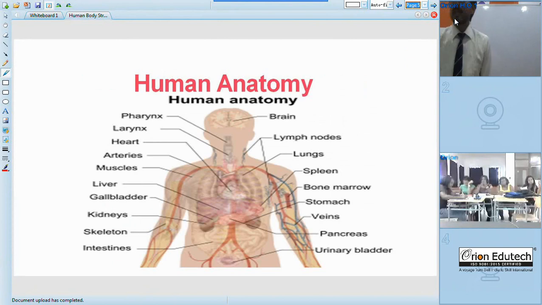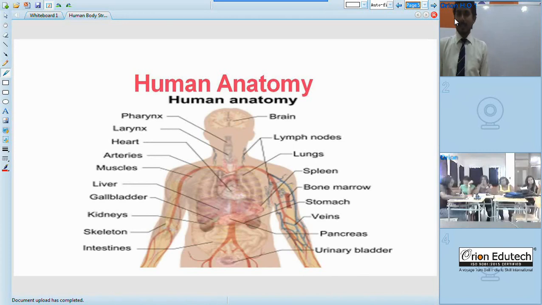So the next is human body anatomy. This is the diagram in which you can see the different anatomical levels of the human body.